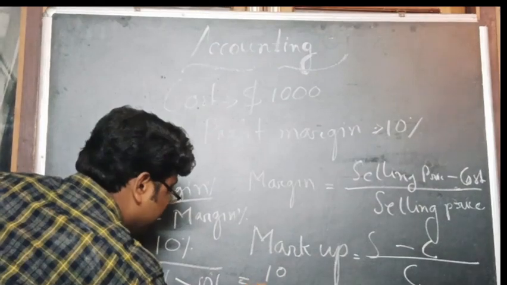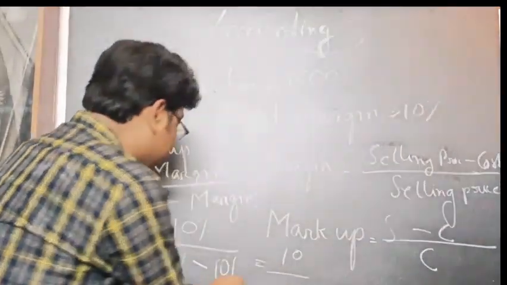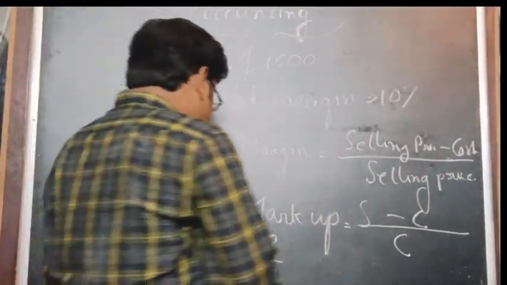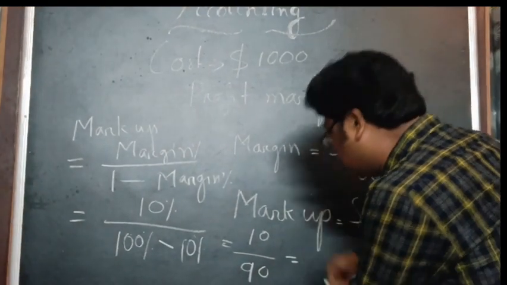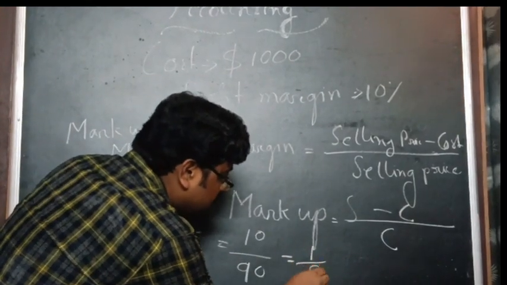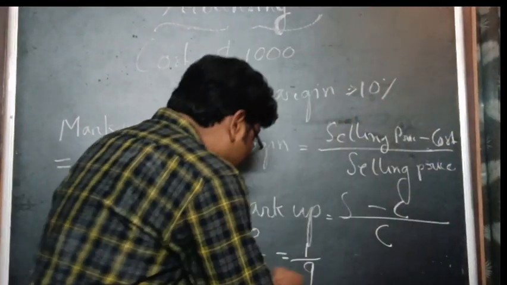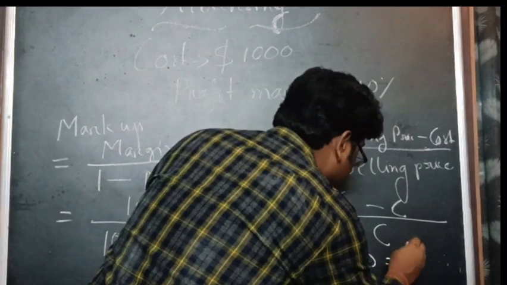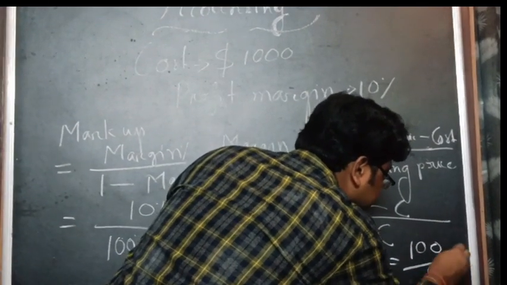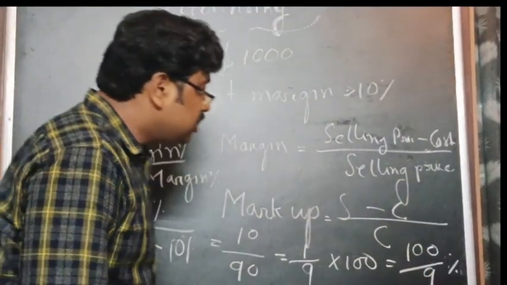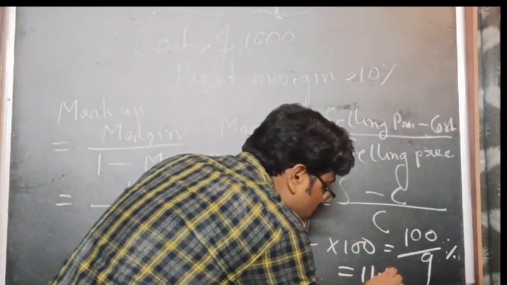Markup is 10 by 90, which is 1 by 9. Therefore, as a percentage, 100 by 9%, and if we calculate, we get the answer 11.11%.